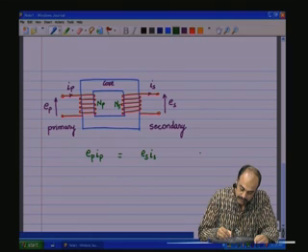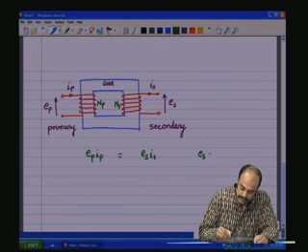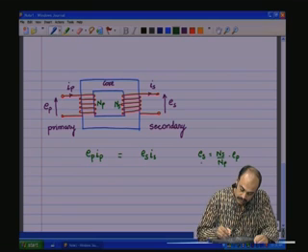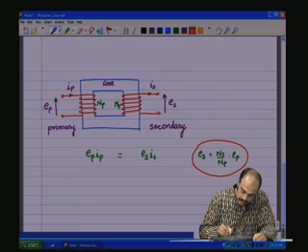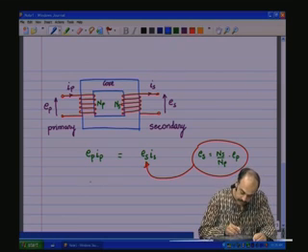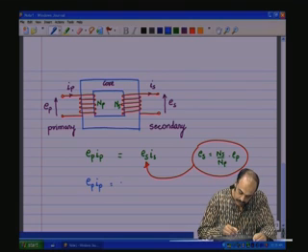We know that Es is equal to Ns by Np into Ep. So, if you substitute for Es here, we get Ep into Ip will be Ns by Np into Ep into Is.